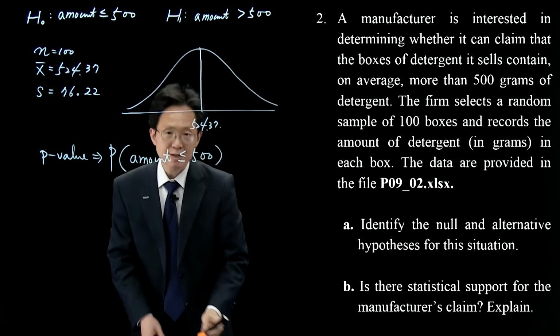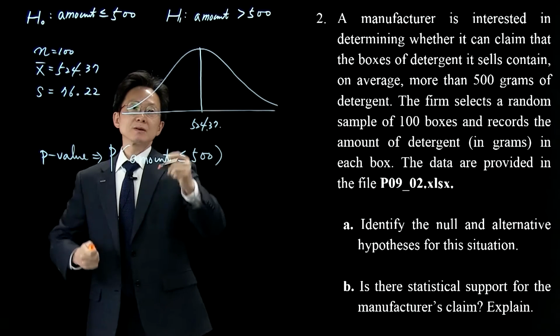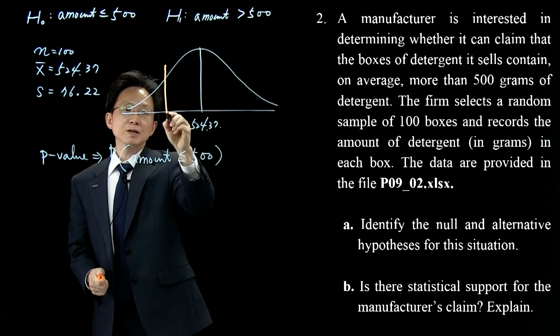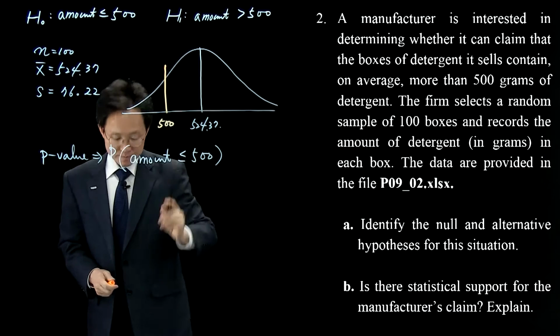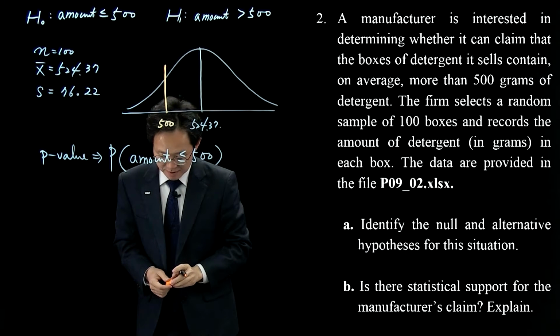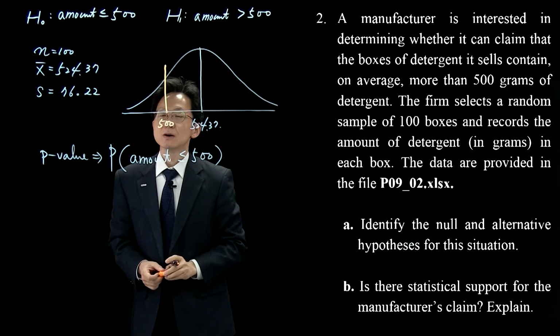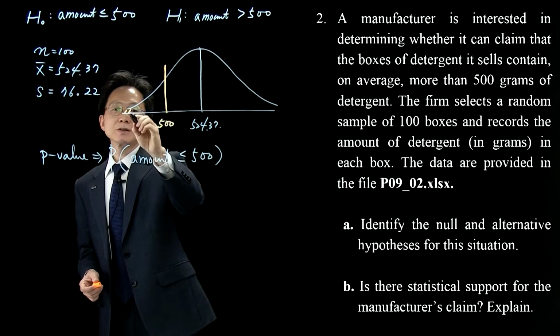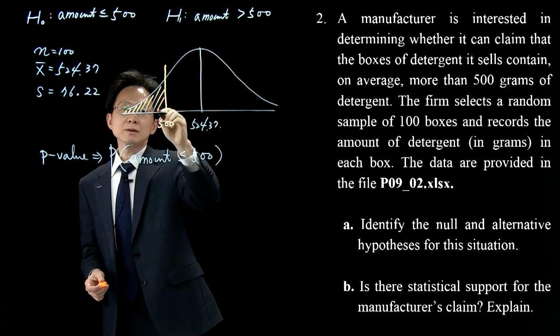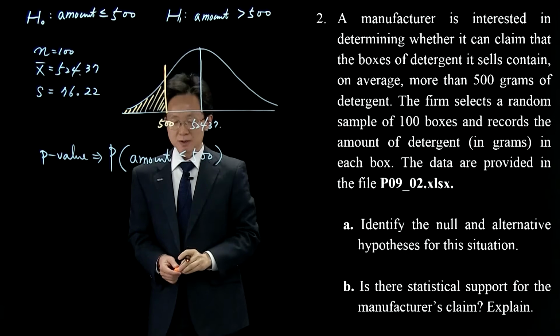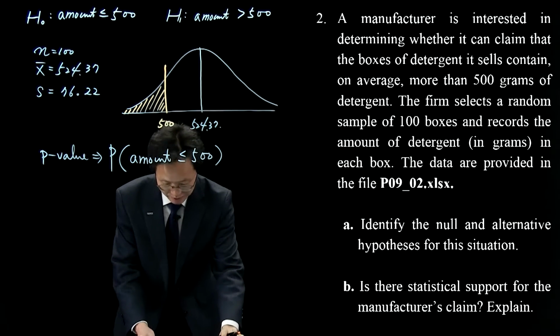Then how can we calculate this one? So this is 500. This is 500. And then we calculate this probability. How can we calculate this probability?